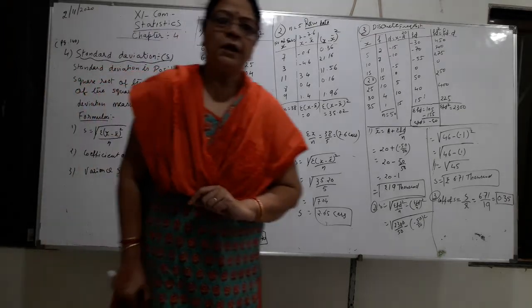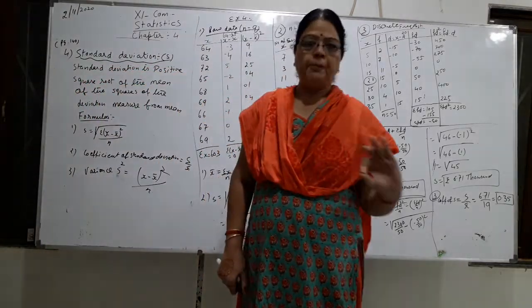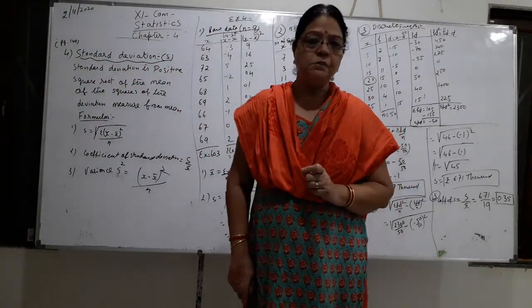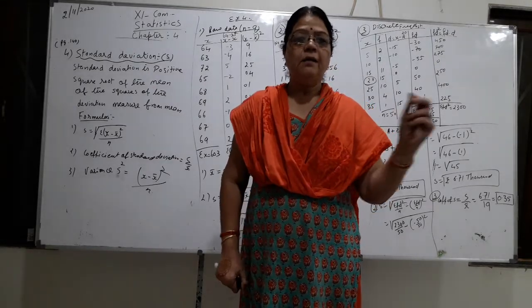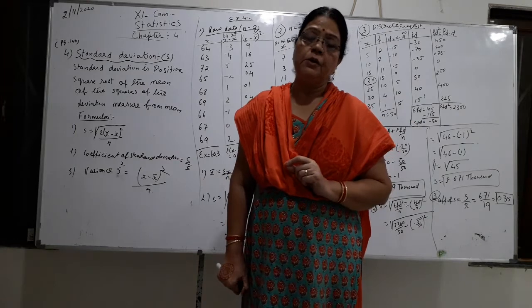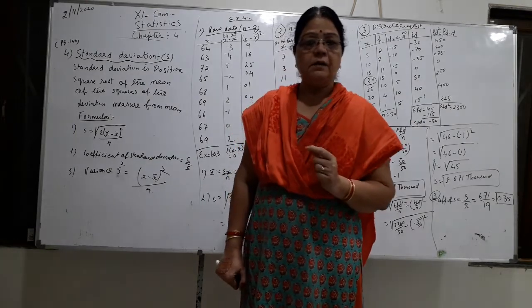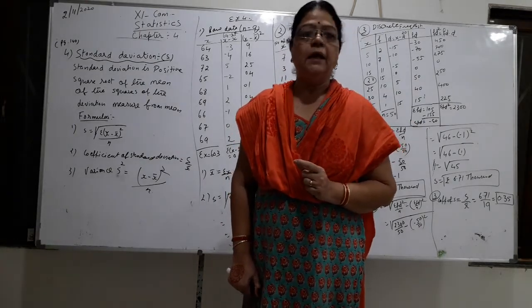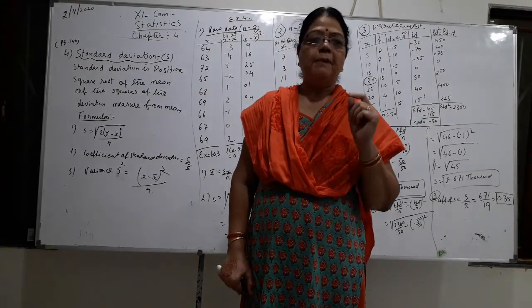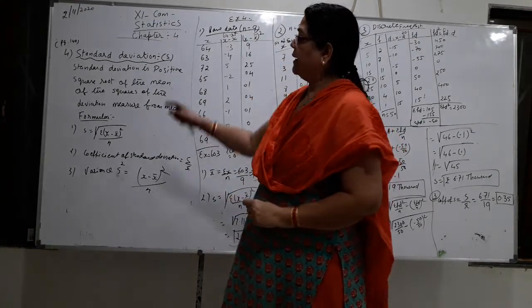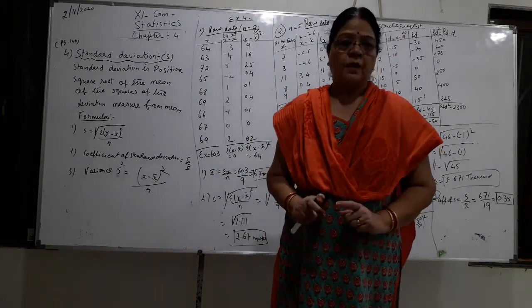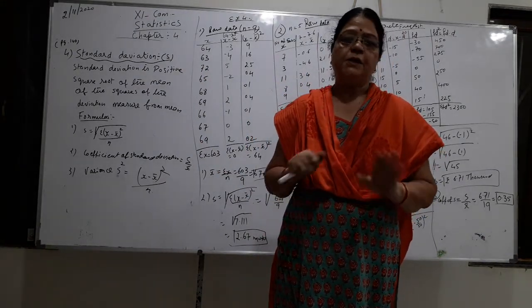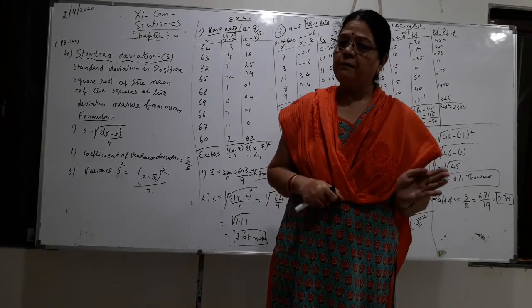Standard deviation is the most popular and widely used measure of dispersion. As we have seen, mean was the most popular measure of central tendency. In the same way, in the measures of dispersion, standard deviation is the ideal measure, and it is widely used. It is more popular than any other measure.